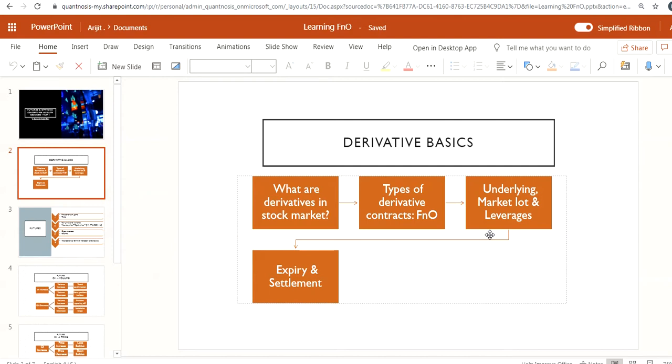Derivatives also come with a predefined set of tradable numbers, which means you can only trade in that number or a multiple of that given number. These tradable numbers for an individual derivative security are called the market lot or lot size.